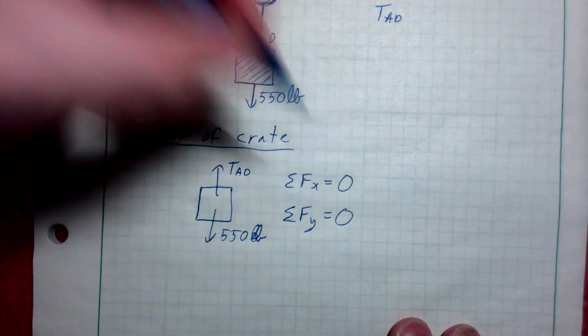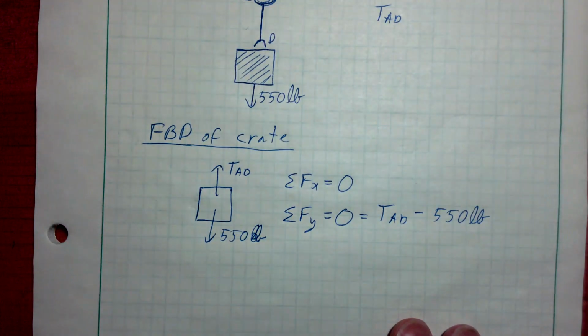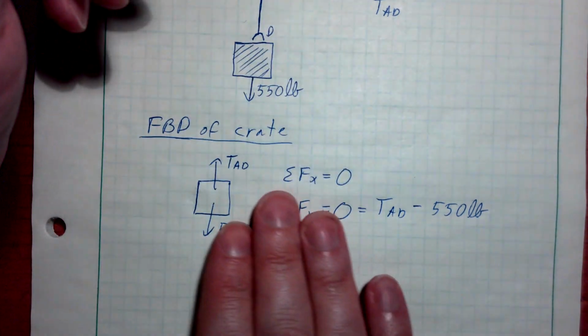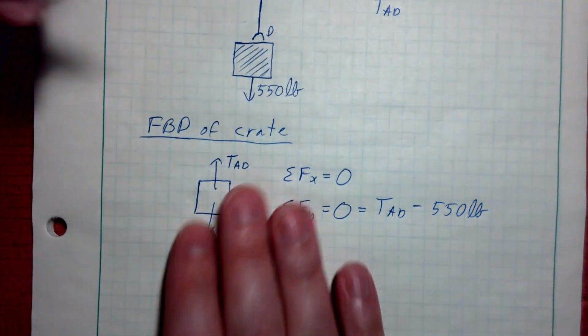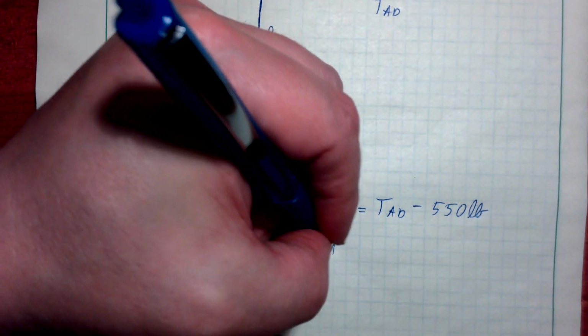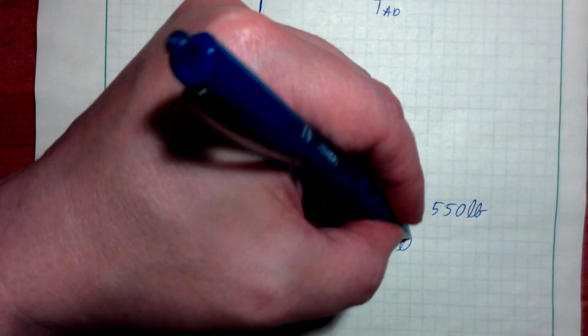Sum of forces in the y direction being 0: I've got tension AD minus 550 pounds. So we ignore this at this point. This is my equation. I've got one equation, one unknown, and that's easy. Don't need a calculator for this. TAD is equal to 550 pounds.